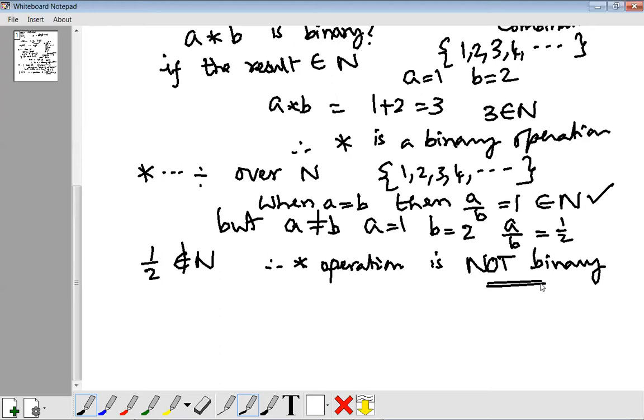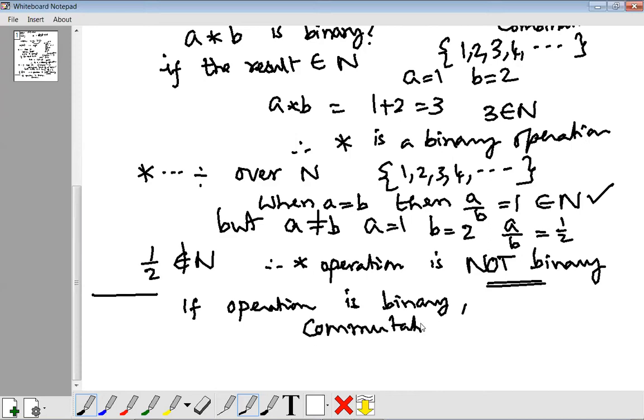So next definition is 11. These things having what? An operation, if the operation is binary, then we have to check whether it is commutative and whether it is associative. Okay, the property is commutative, and then you'll have associative.